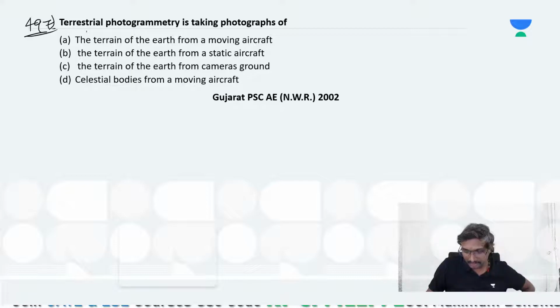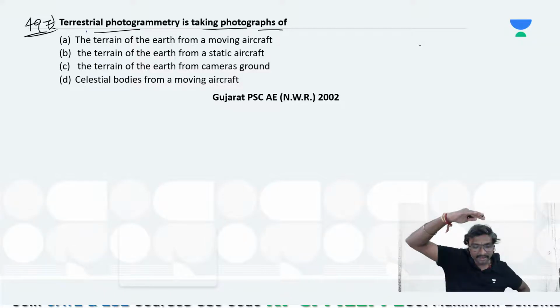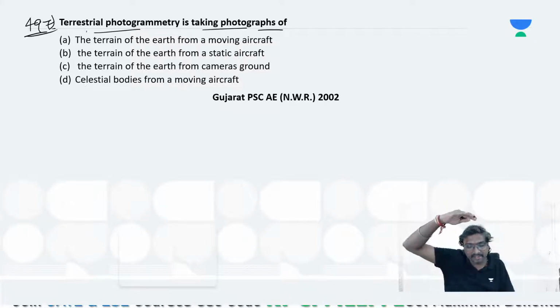If you just observe, the terrestrial photography is taking photographs of what? Aerial photograph means taking photographs from the air, from higher elevation, by means of helicopters, aeroplanes, or drones, everything.